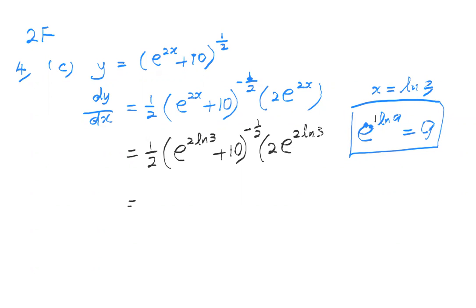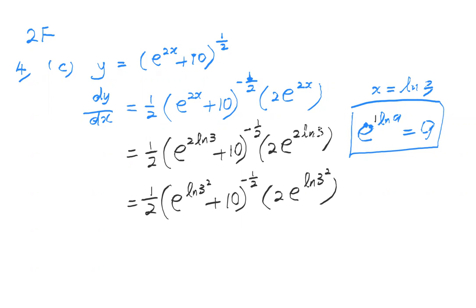So this will be half (e to the ln 3 squared, that is 9, plus 10) to the power of negative half, and this is 2e to the ln 3 squared. 3 squared is 9, correct? So this will be 1 over 9 plus 10 square root times 2 times 9.